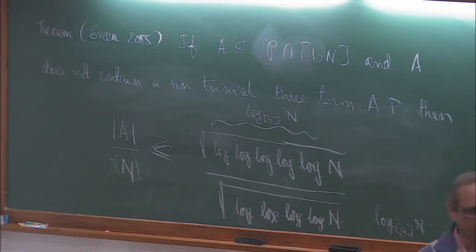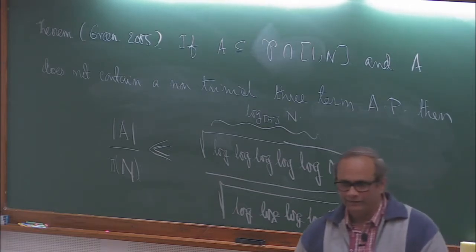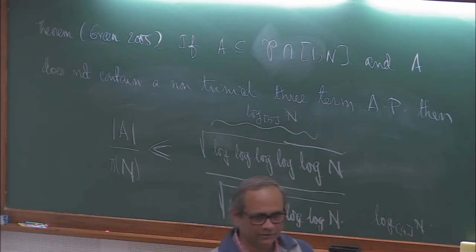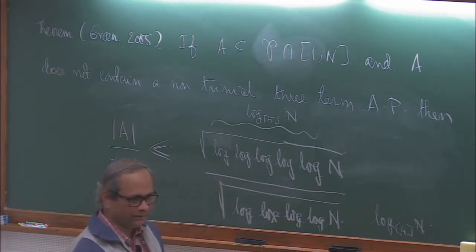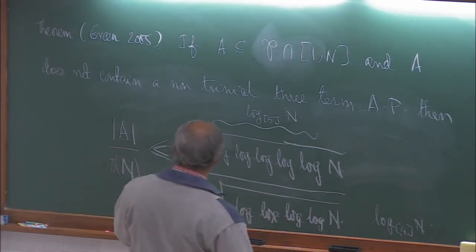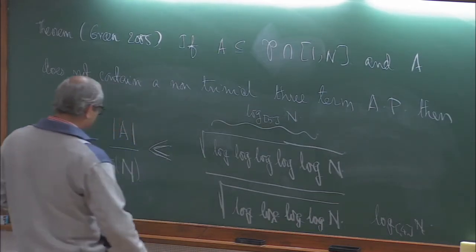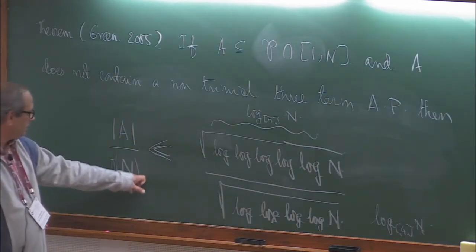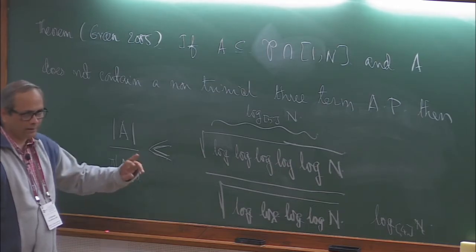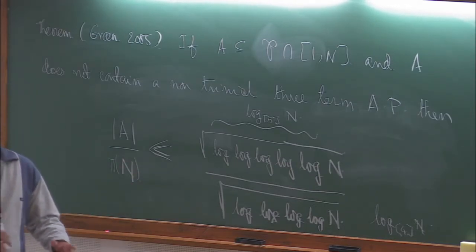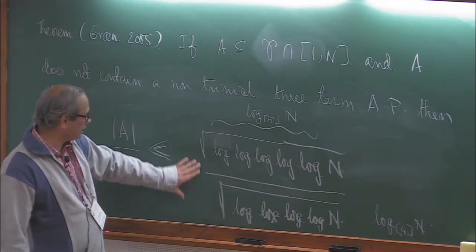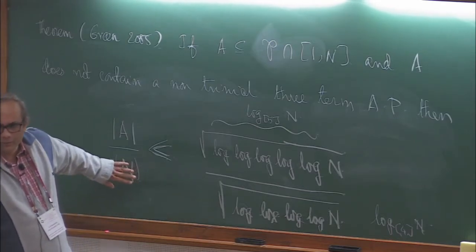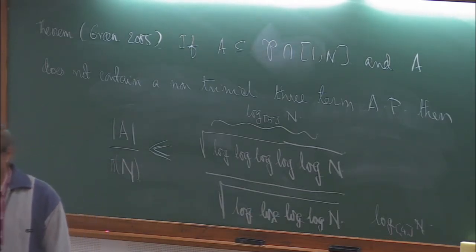When I write log, I mean actually ln of n, if that's the notation you use. Okay? So this is the result. As Shatadil pointed out, this should be pi n, and change it from n to pi n, and otherwise you should write n by log n here and remove the denominator from there.